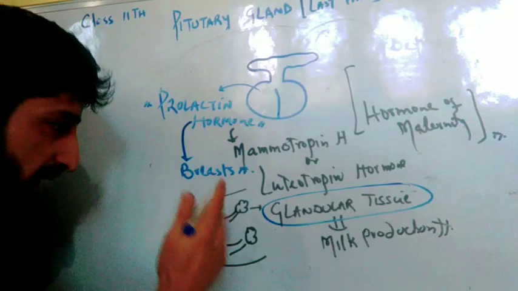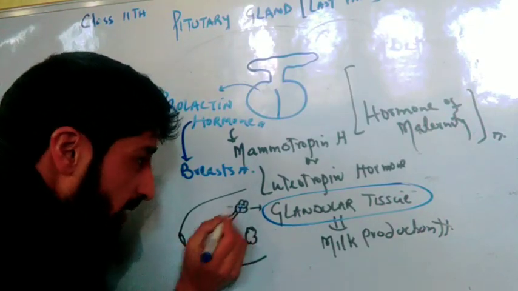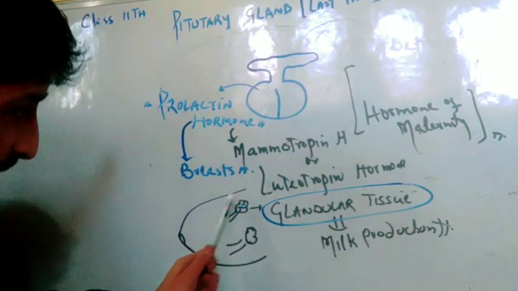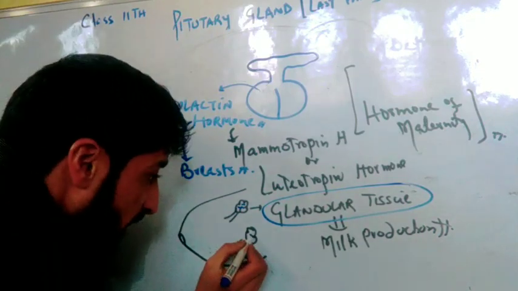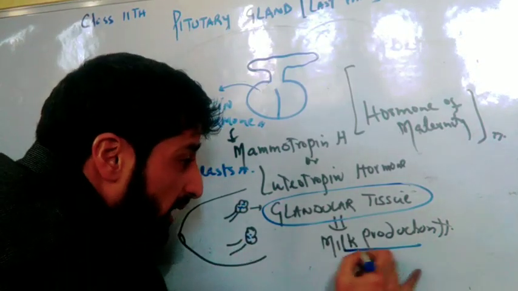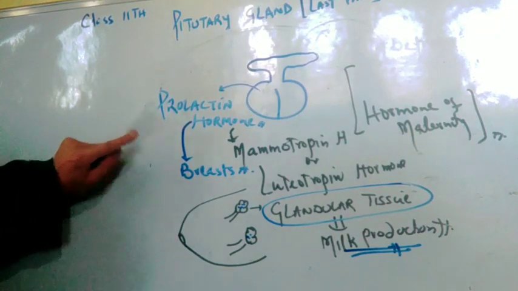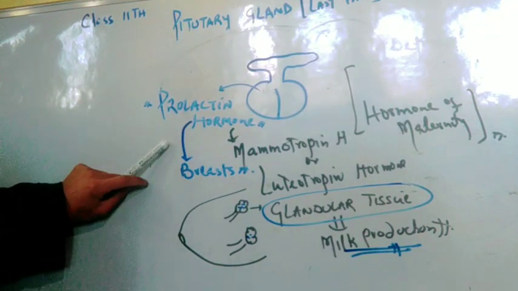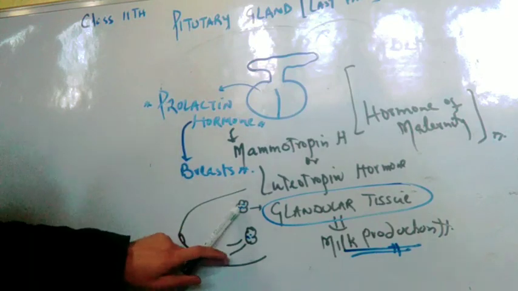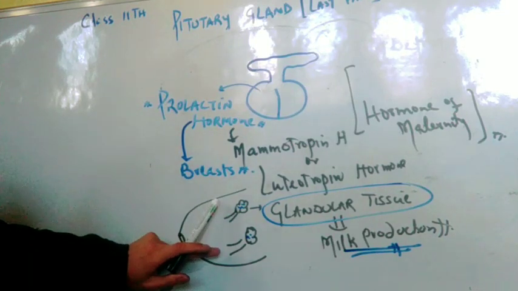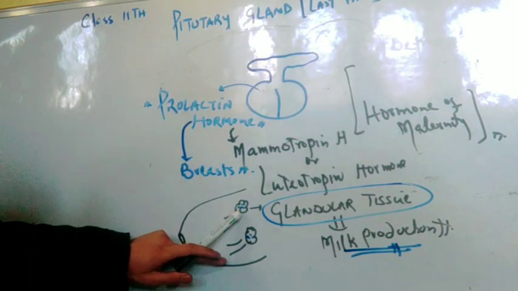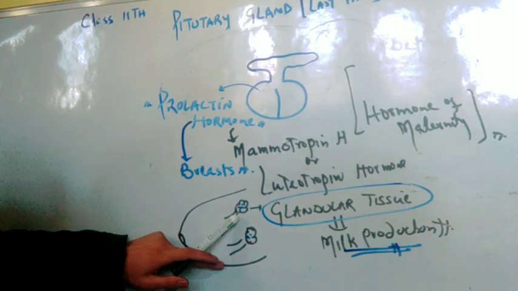From this glandular tissue, milk production occurs. So the most important effect of prolactin hormone is that it stimulates the glandular tissue of the pregnant ladies to cause milk production.